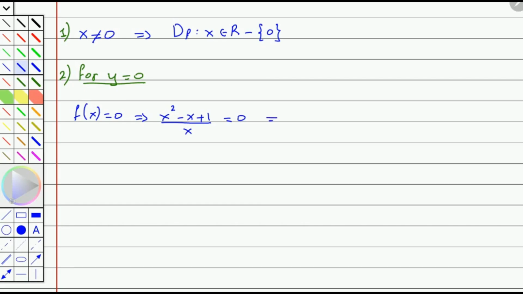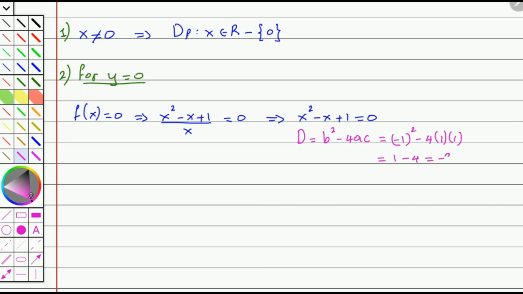So only the numerator can be equal to 0: x squared minus x plus 1 equals 0. But this polynomial is not factorizable. Let's check its discriminant. D equals b squared minus 4a times c, which is equal to (-1) squared minus 4 times 1 times 1, equals 1 minus 4 equals -3, which is negative.